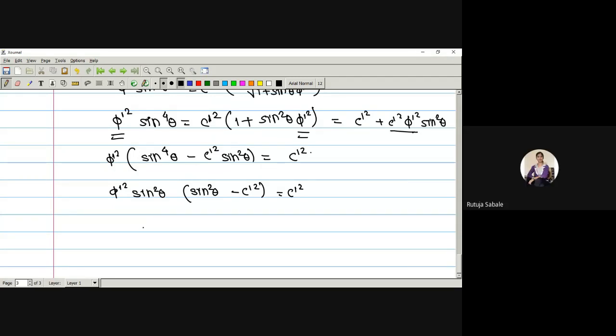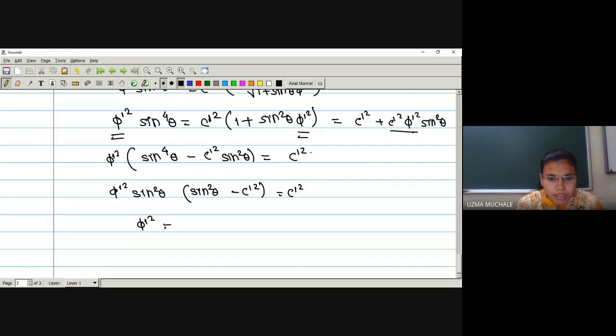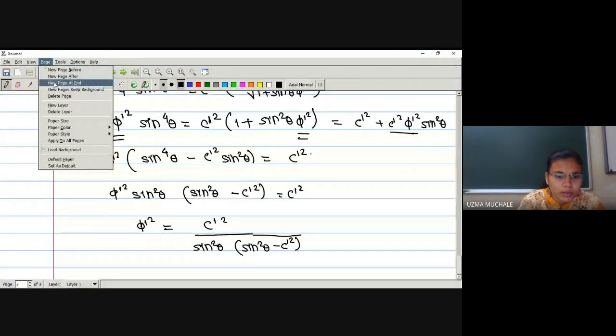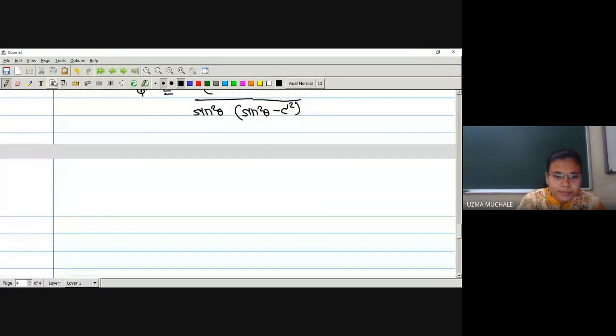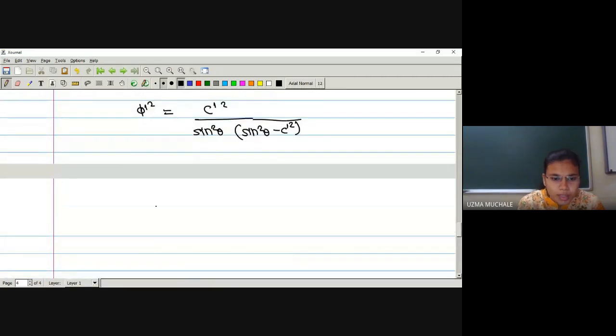So phi dash square equals c dash square divided by sine square theta into sine square theta minus c dash square. Okay, what do I have to do now? Next step, we take the square root on both sides.